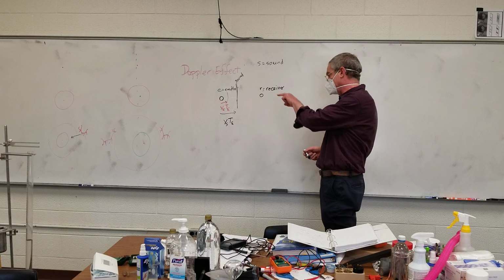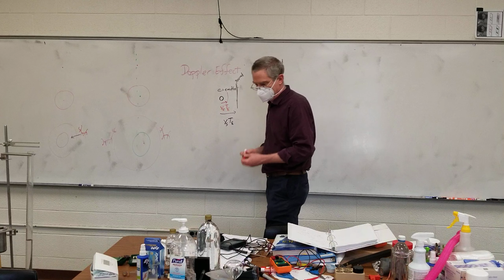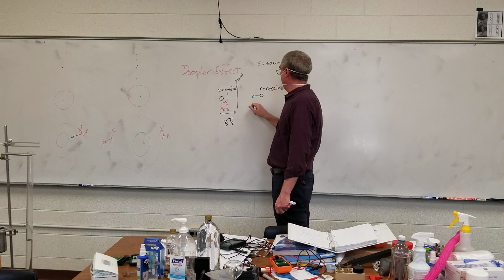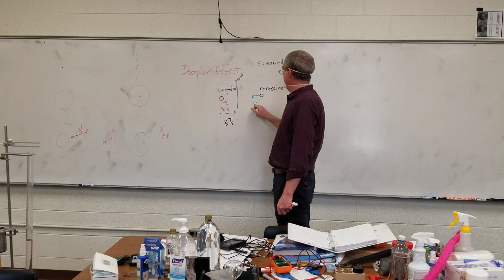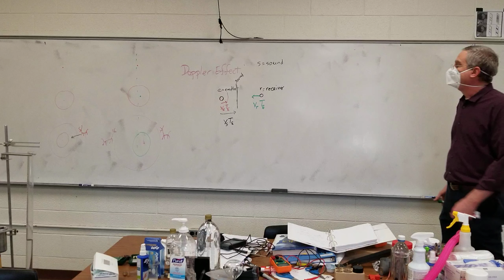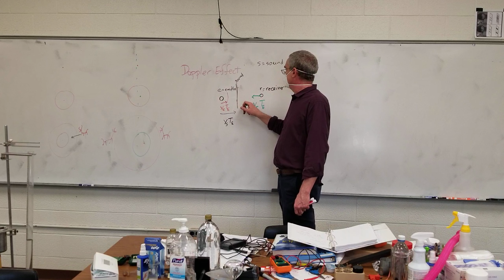Meanwhile, the receiver is heading towards him. In that first time, the receiver is going to move some speed, V sub R, times whatever the period is from the emitter. Somehow I think I want to change this around a little bit.